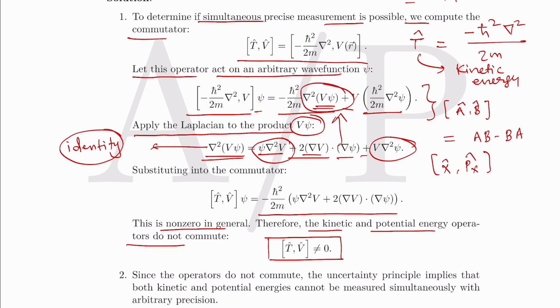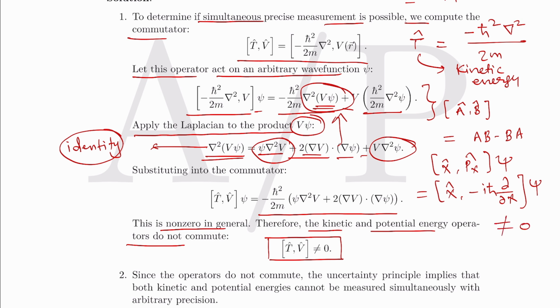You have the position and the momentum operator, and you know that the momentum operator is minus iota h bar d by dx. If you try to find the commutation by operating it on any generic wave function, then you will find that this is also not commuting, that is, it is not coming to 0.